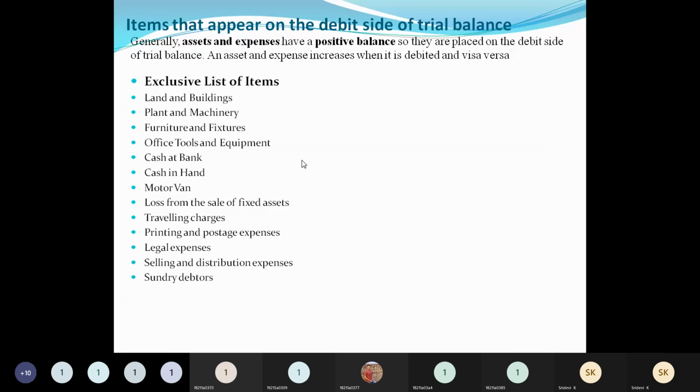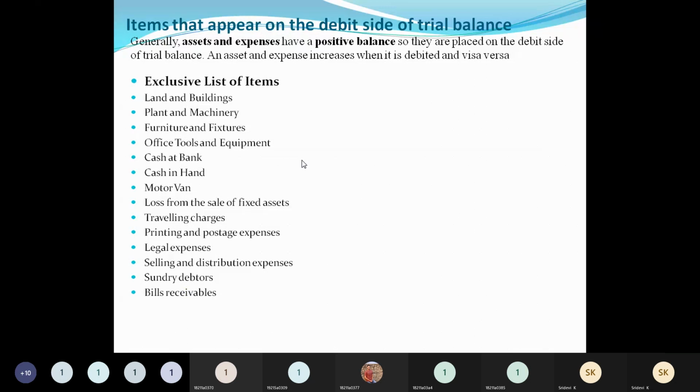I am explaining it reversely, but whichever is shown in the debit amount column should be shown on the debit side of the trading account and the debit side of the profit and loss account. If a trial balance is given, it will be very easy to identify.